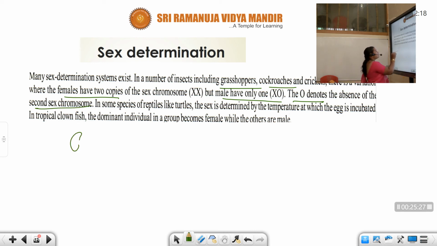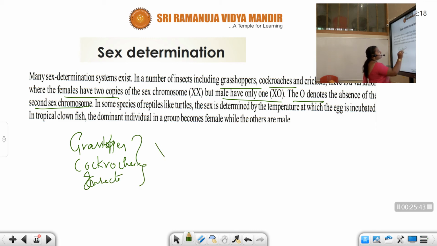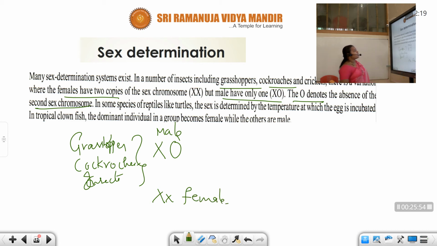So in grasshoppers, cockroaches and some other insects, we can see XO in the male and XX in the female.